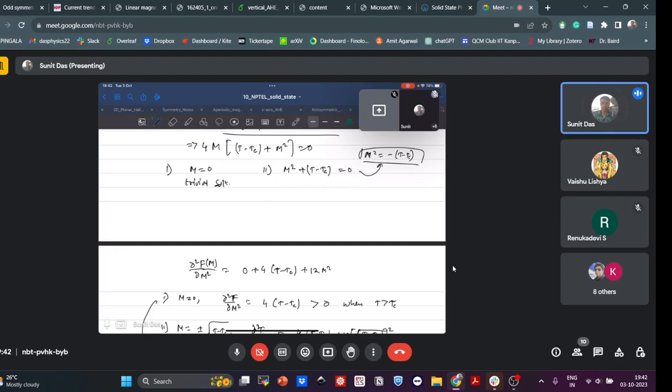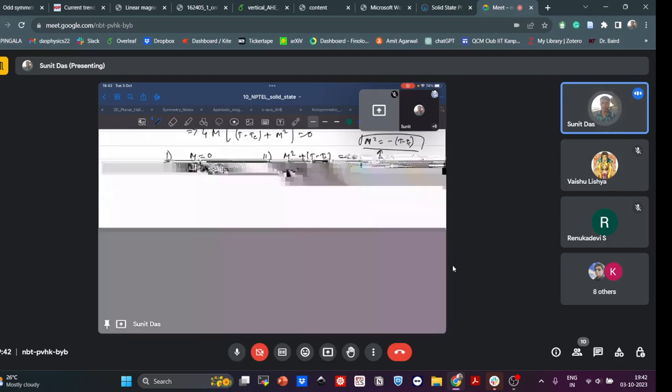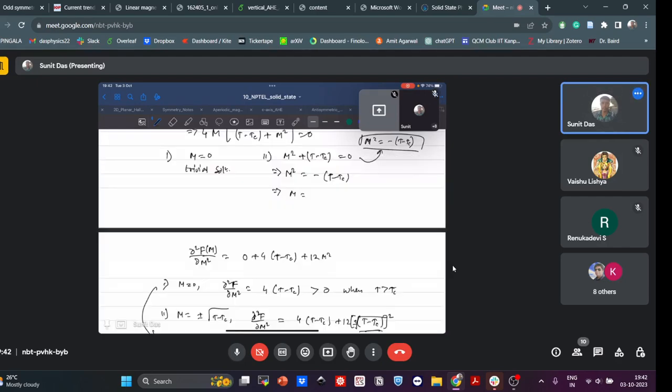Let's write that clearly. So this will be m square equal to minus of t minus tc. Then m equal to plus minus, Tc minus T actually, not the other way around.